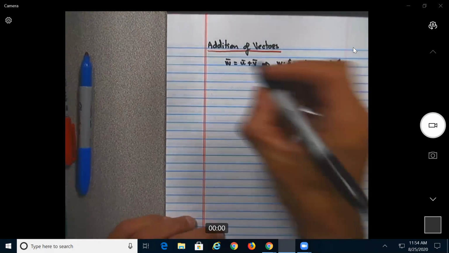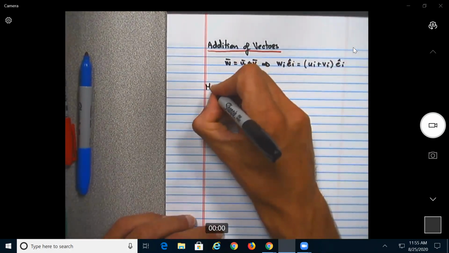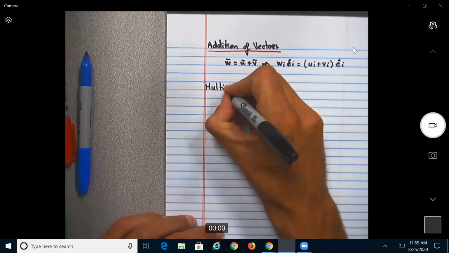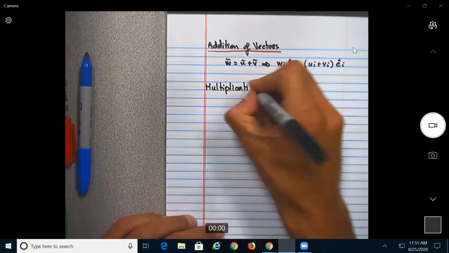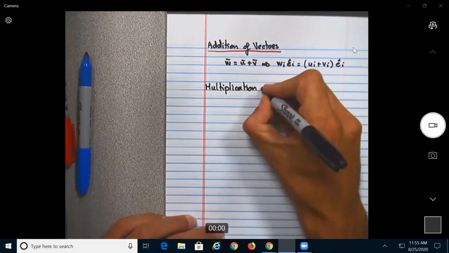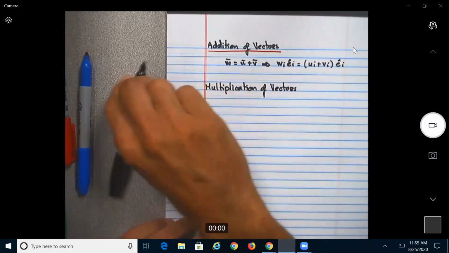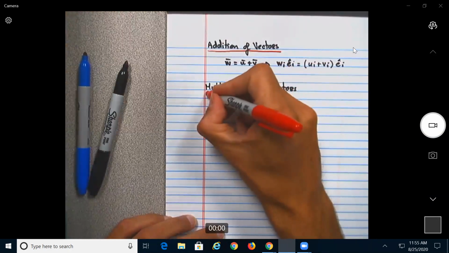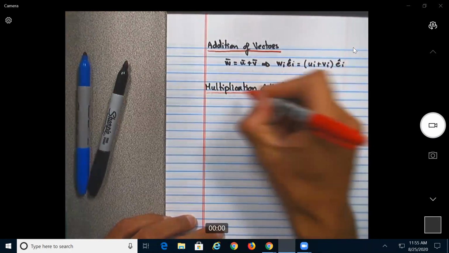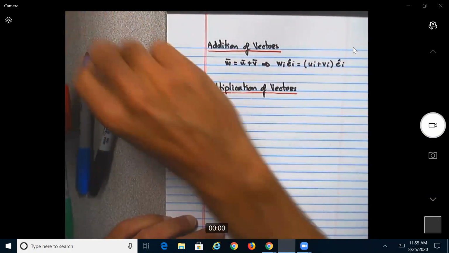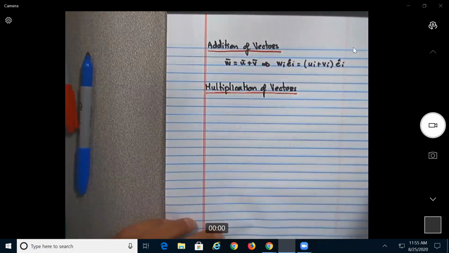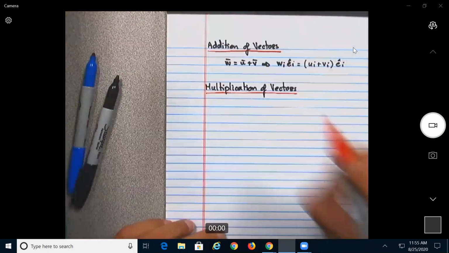Okay, so now, similarly, we do the multiplication. So you have two different cases.